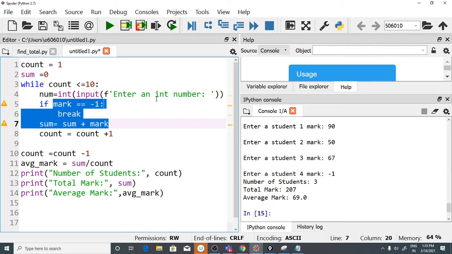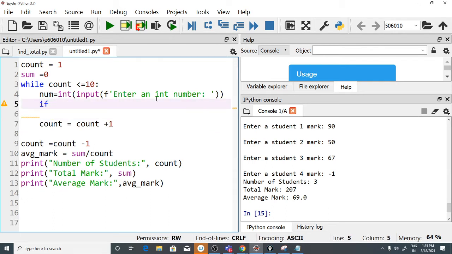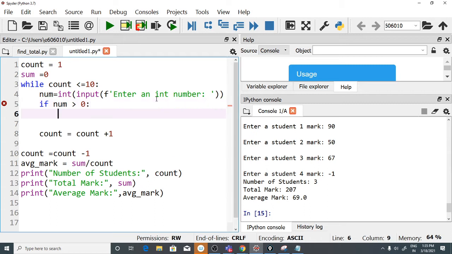Okay, here students, what I need to do: if the number is greater than 0, then what is the meaning of that? It is a positive number.